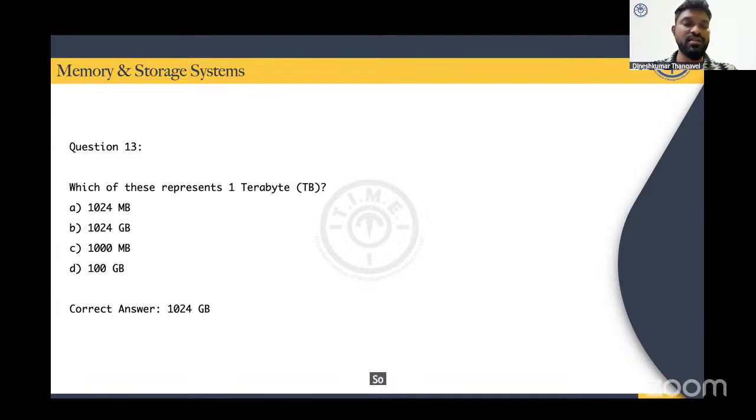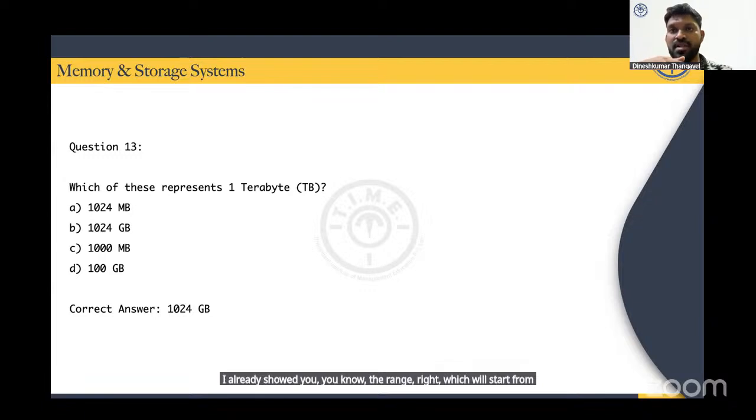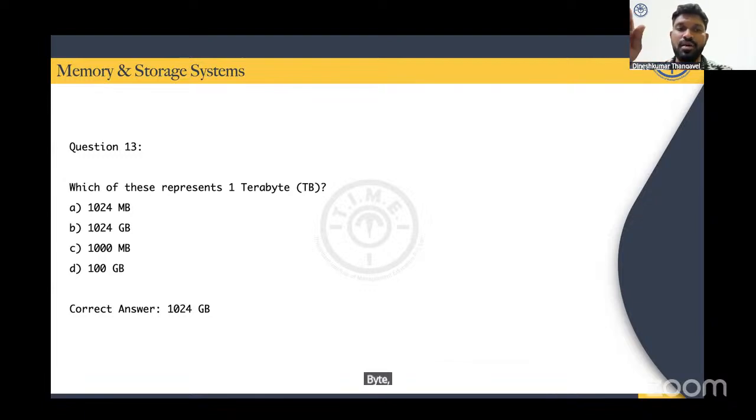So here the answer is 1024 gigabytes. I already showed you the range, right? Which starts from bit, nibble, byte, kilobyte, megabyte, gigabyte, and terabyte. When you move from one unit to another, it will be 1024. So please always remember this.